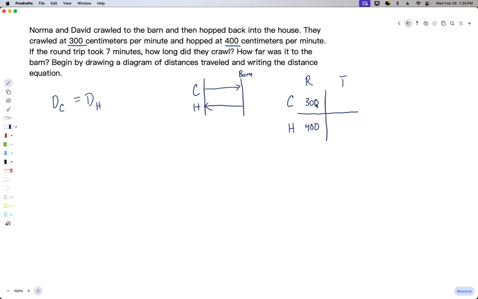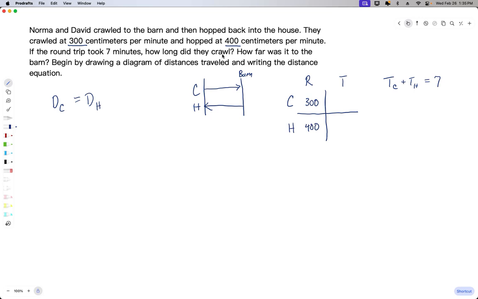So their speed is 300 for crawling and 400 for hopping. If the round trip there and back, the time there and the time back was 7 minutes, okay, so the time crawling plus the time hopping is equal to 7.